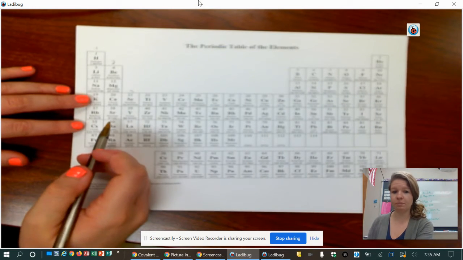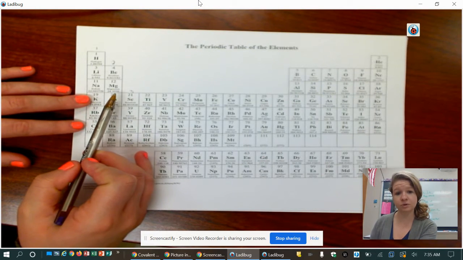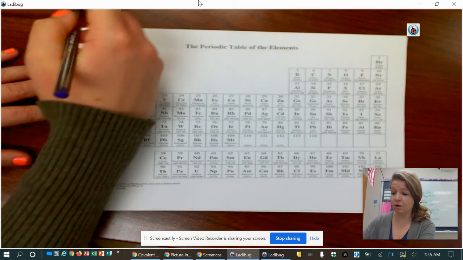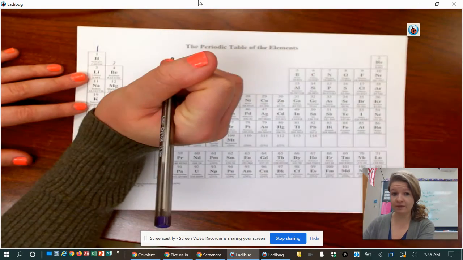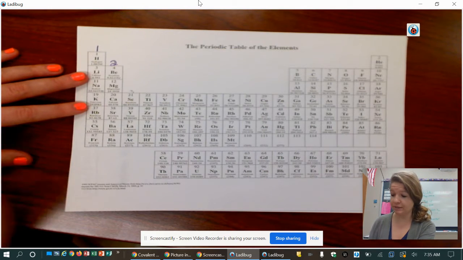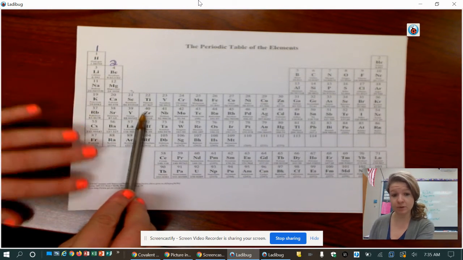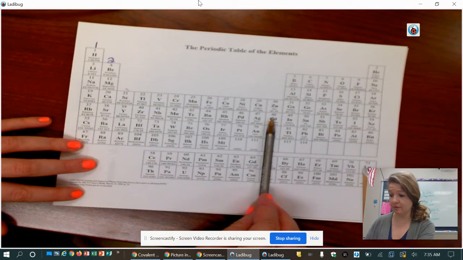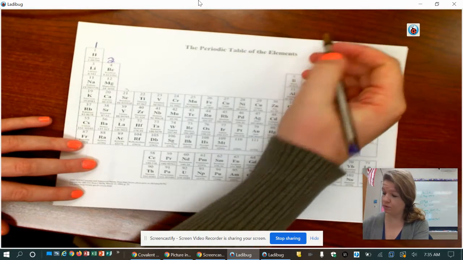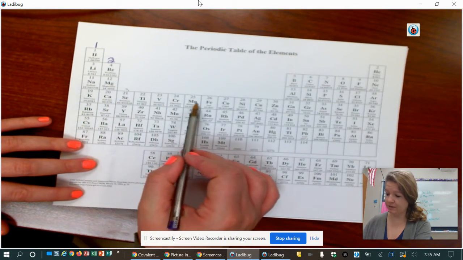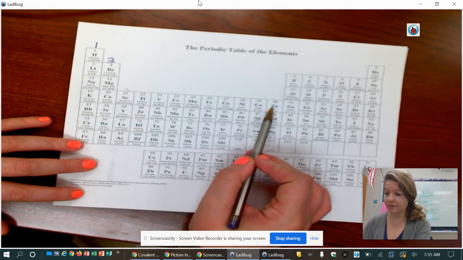So when we're dealing with the periodic table, when it comes to valence electrons for electron dot or Lewis dot diagrams, group 1 has 1 valence electron. Group 2 has 2 valence electrons. Remember, when it comes to electron dot diagrams, we skip these transition metals, groups 3 through 12.